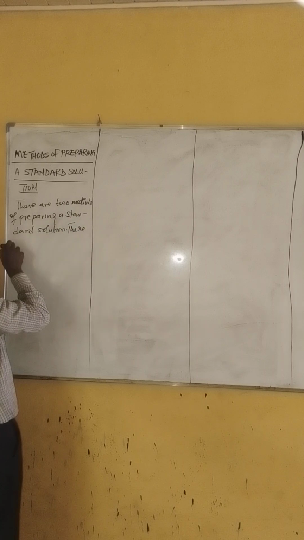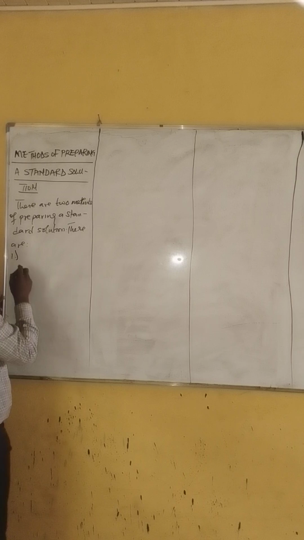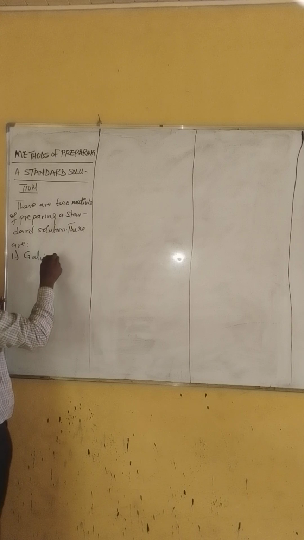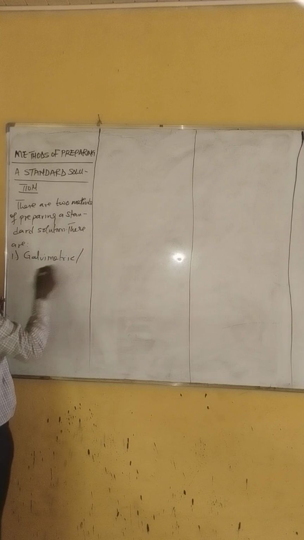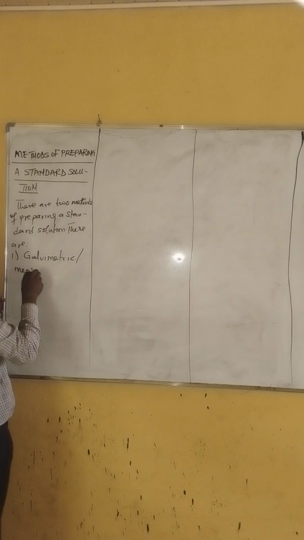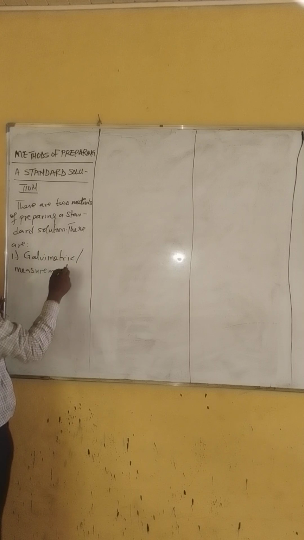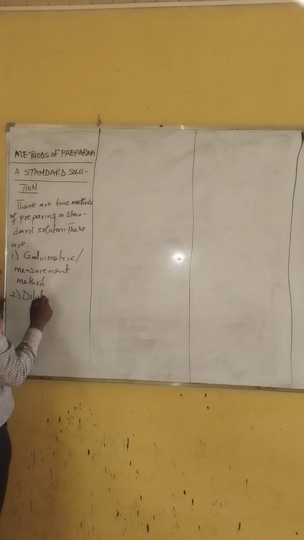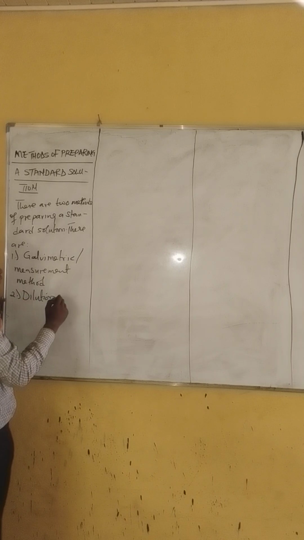Number one, we have a measurement method or gravimetric method. Number two is called the dilution method, dilution and serial dilution method.